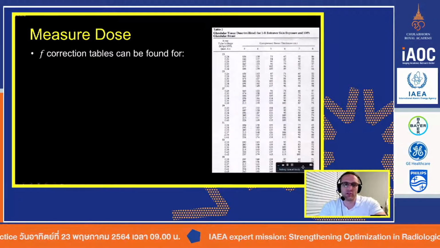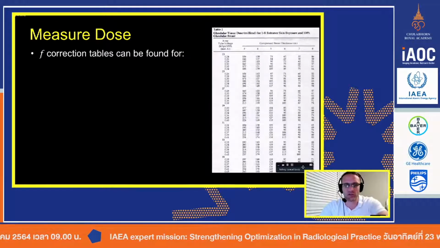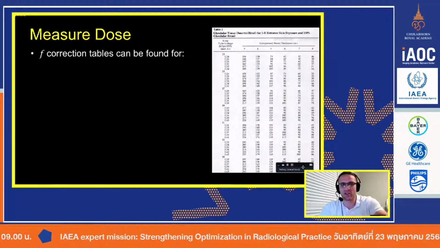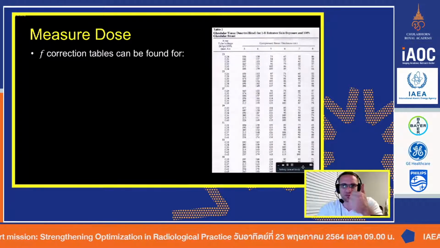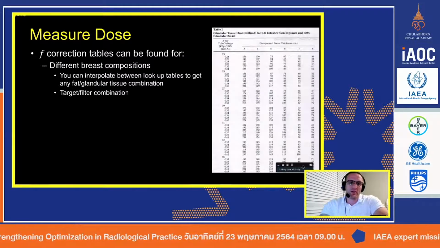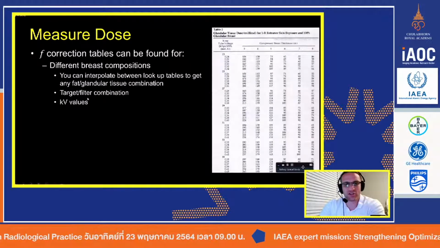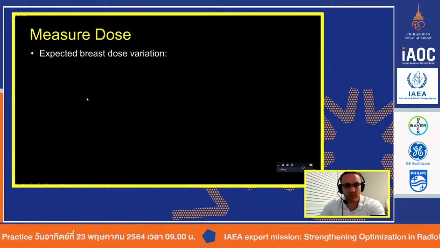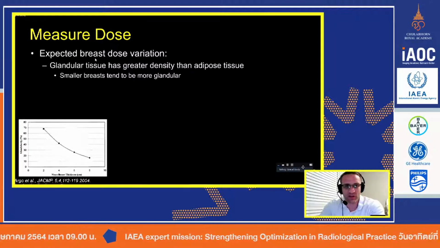And you'll be able to do mean glandular dose for any protocol you could ever possibly think of, because there's obviously a huge range of breast composition and breast thickness. All right, and then obviously there's all kinds of different targets and filters depending on the machines you have in your hospital.